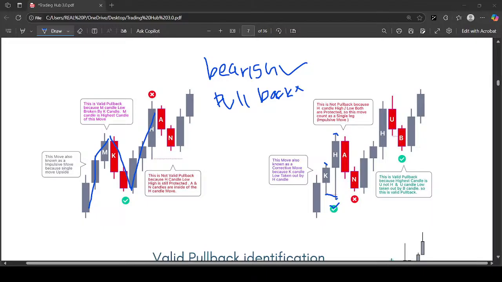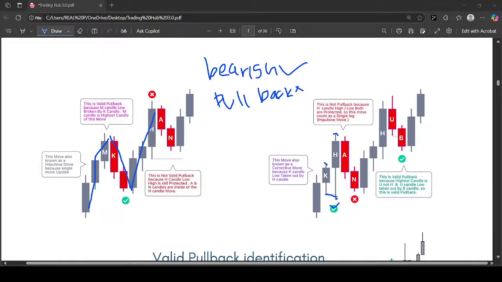So we are back. So if you look at this, the H candle, the A candle, and the N candle. The N candle didn't take out the low of H candle. So the N candle has not affected the pullback. Neither did the A candle affect a pullback.